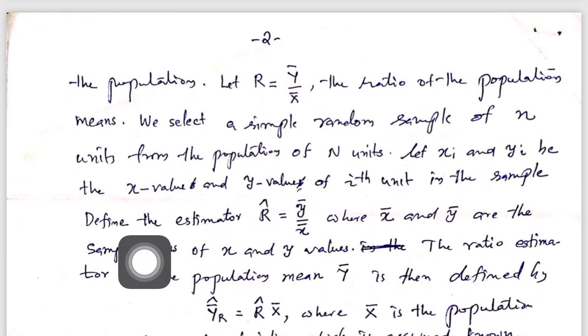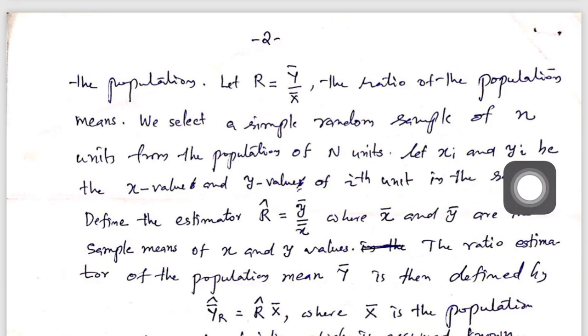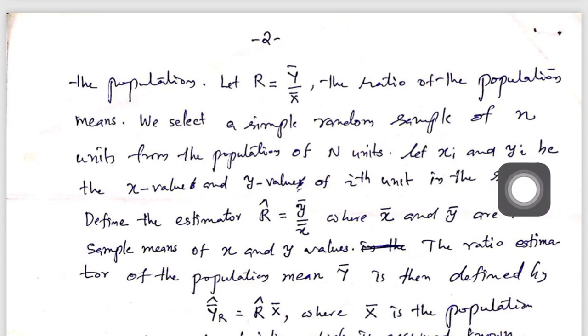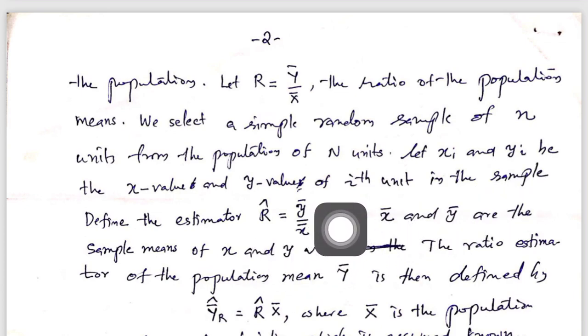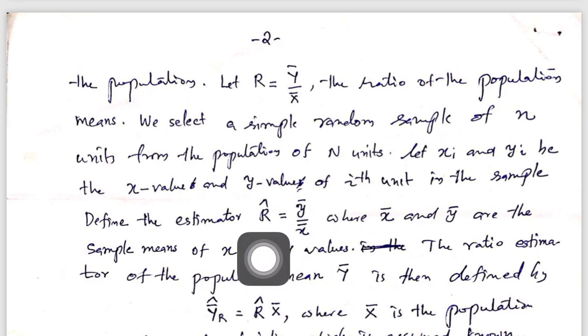And you define, using these, the sample mean of x and sample mean of y. That is, the sample mean of x values can be written as small x bar, and the sample mean of y values can be written as small y bar, and you take the ratio of sample mean of y to sample mean of x, and you represent this by r hat.